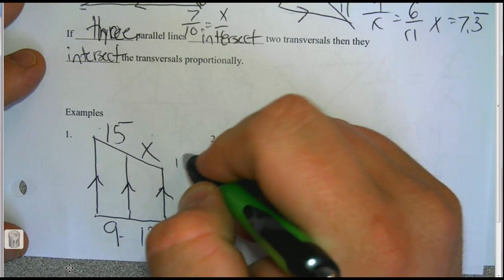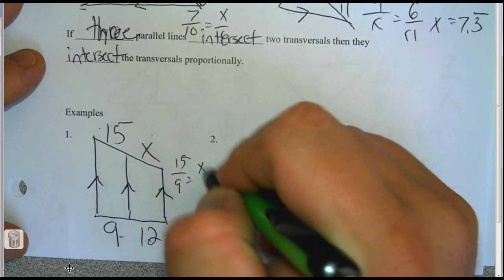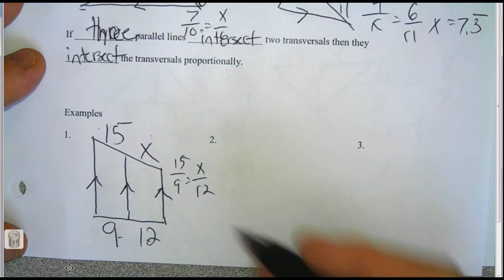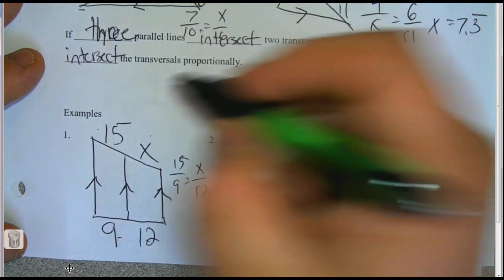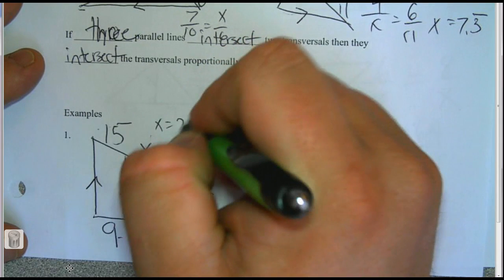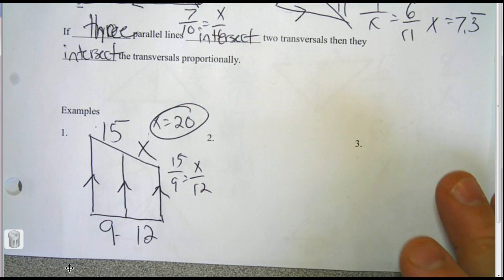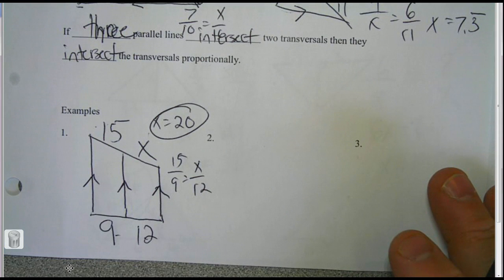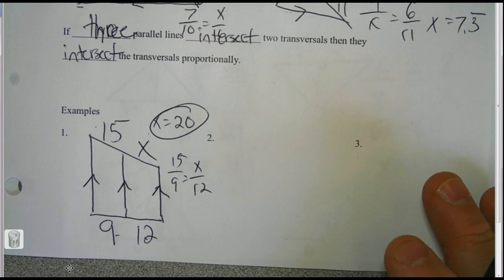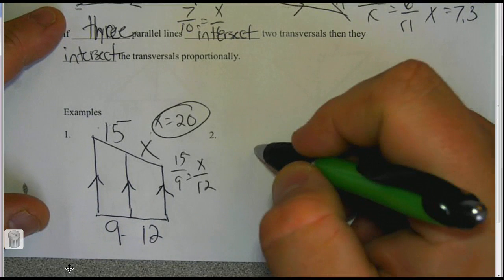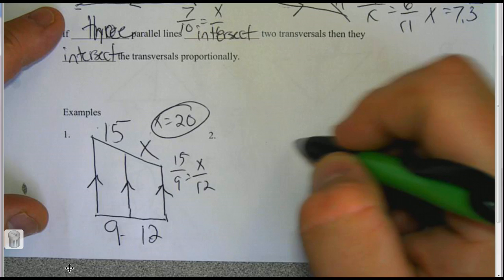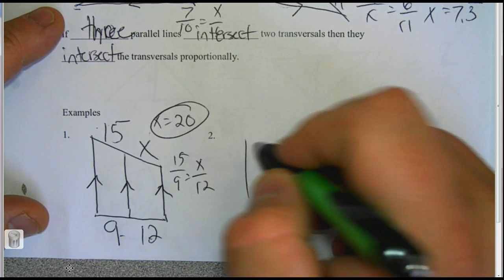So we do 15 over 9 is equal to x over 12, and we get 9x is equal to 180, so then x is equal to 20. Okay. That works no matter what our shape is. We can turn this thing this way.